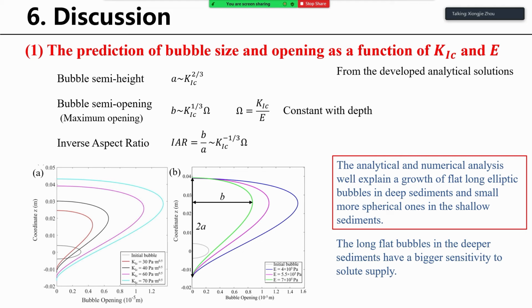In addition, the long, flat bubbles in the deep sediments have a big sensitivity to solute supply, and their slow growth rates are mainly connected to the higher inner bubble pressure and thus higher concentration at their surfaces due to the big K1C, fracture toughness.